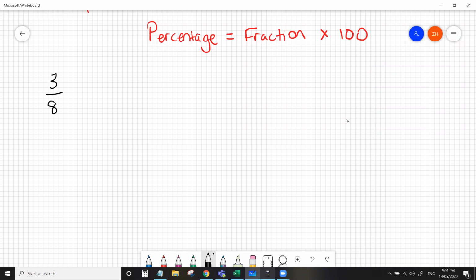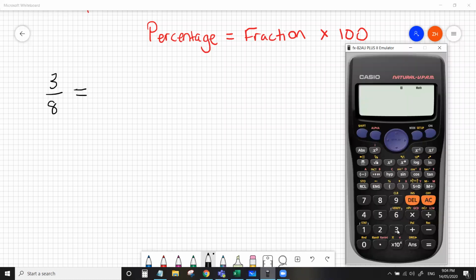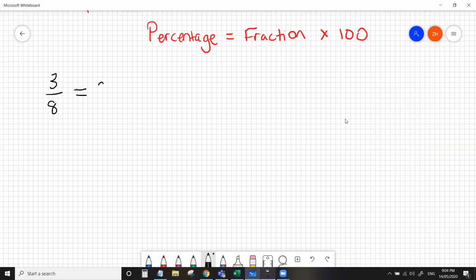If I want to change that into a percentage, all I have to do is on my calculator, 3/8, just move my cursor across, times by 100 equals, I've gotten 75/2 there. If I just press my fraction to decimal button here, the one little S and D on it, comes up with 37.5, which is how I'm going to write it. So that's going to be 37.5%.